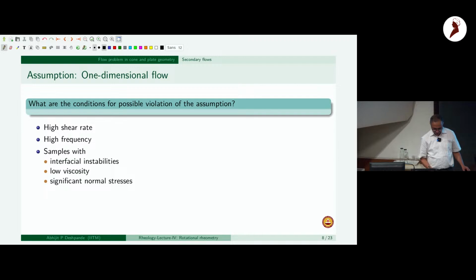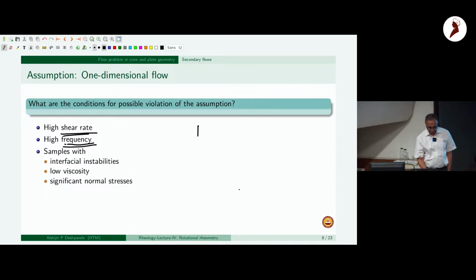So generally, when would this idea that secondary flows are important be possible? When you have extremely high shear rate. Inertia is also important at high frequency, because you have an oscillation, and you are assuming that the geometry went to the extreme position and then reversed, but the fluid may just continue to travel due to inertia and then come back later on. So again, low viscosity fluids in oscillatory shear one has to be very careful about.